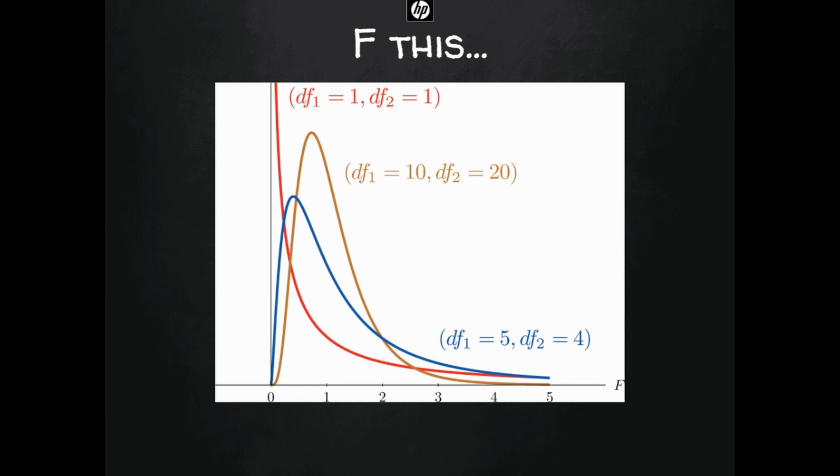F has two different degrees of freedom, which we'll discuss more in just a second. The higher the degrees of freedom, the less skewed it becomes. So you can see the red graph here, when the degrees of freedom are both 1, it is very, very heavily skewed to the right. As the degrees of freedom increase, like the blue graph, and then the brown graph here, it becomes a little bit less skewed.